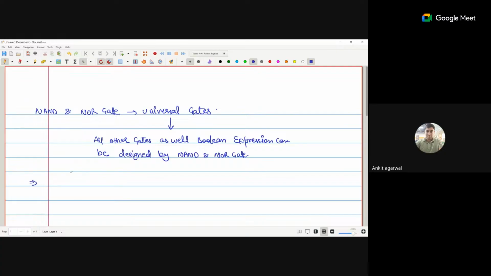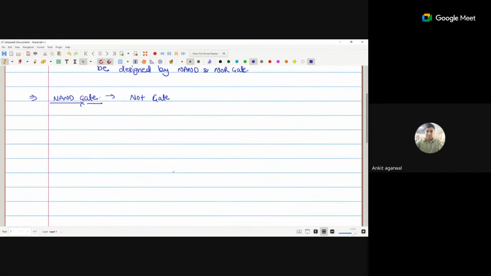First of all, we see how to design a NOT gate using a NAND gate.